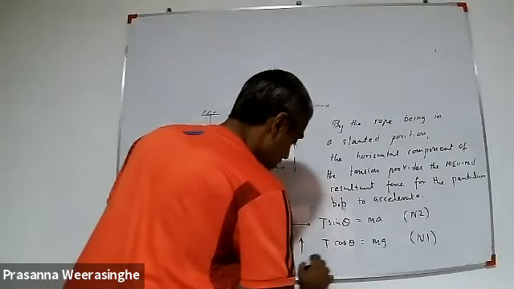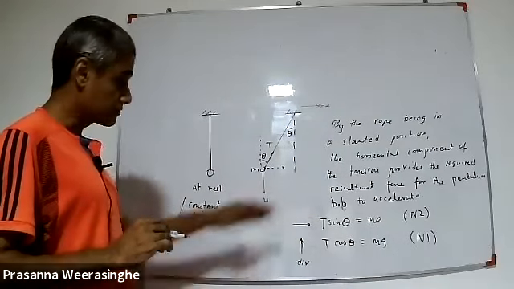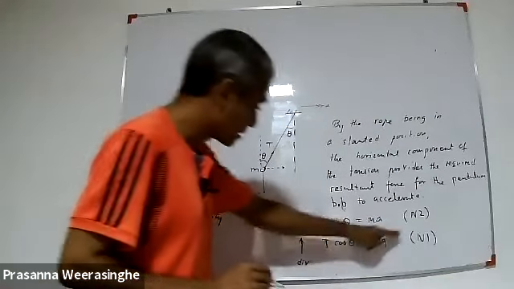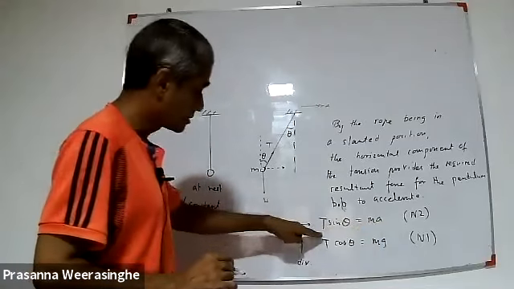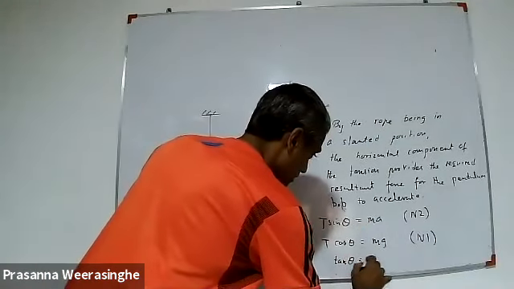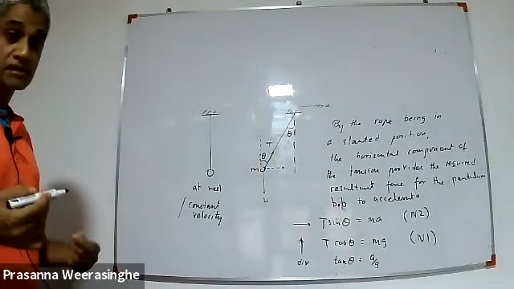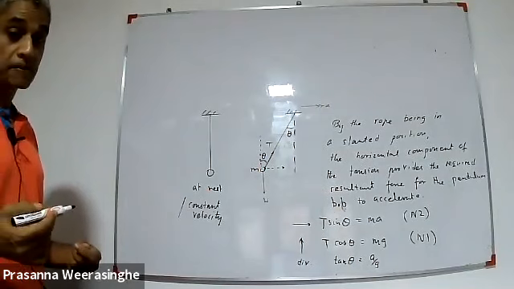When you divide the two, and I've conveniently written it, so you just divide here, the T will cancel. You get tan theta is, the mass will cancel as well.